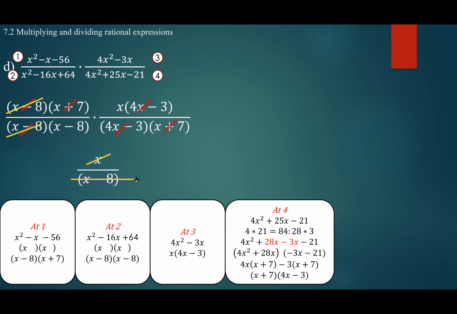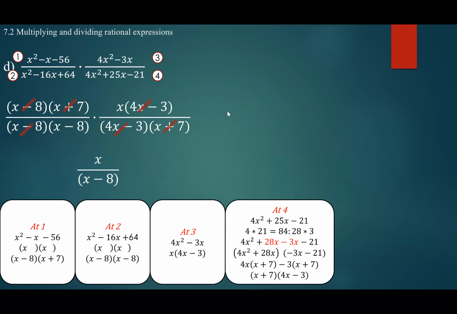If you want to cancel the binomial, you have to have another exactly the same item: x minus 8, x minus 8, x plus 7, 4x minus 3, 4x minus 3. They cancel everything out. You cannot just cancel the x without the minus 8 here. So this is my answer, okay? This is what we have in terms of chapter 7.